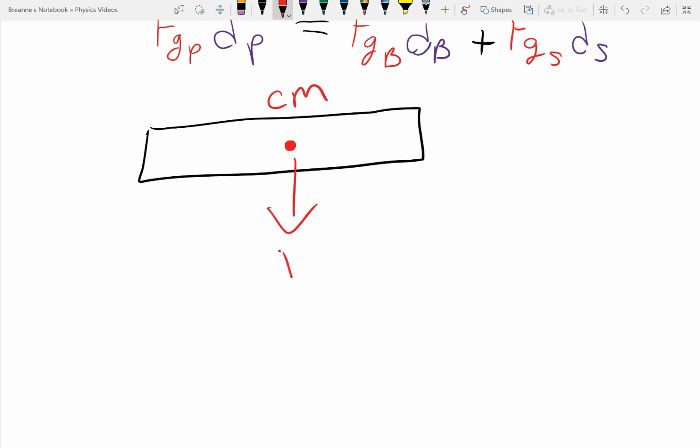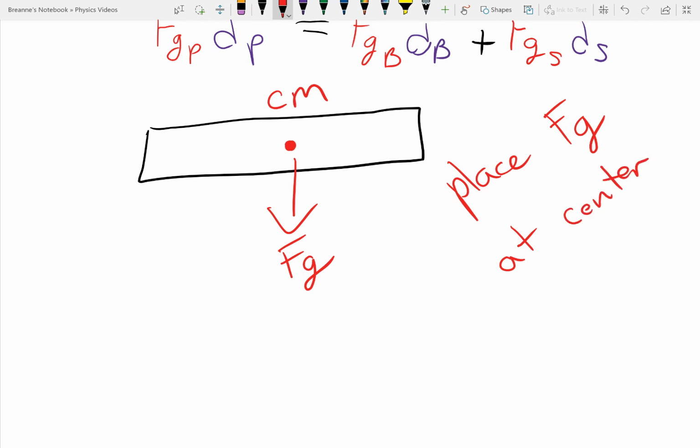The force of gravity happens at the center of mass. That's where you place the force of gravity, at the center of the beam. That's a D. Beam.